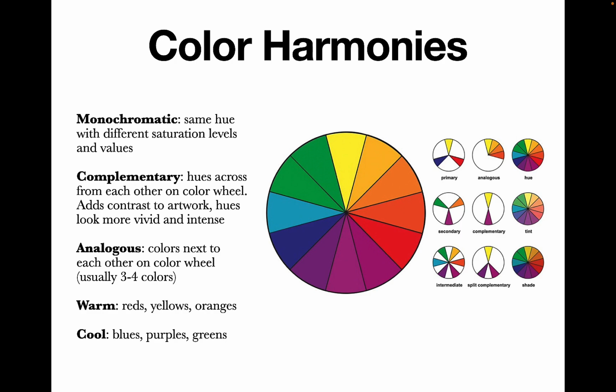Then analogous colors are colors next to each other on the color wheel, usually about 3 or 4. That's often used for interior design. I see analogous colors a lot. Then we have warm and cool. Warms are all reds, yellows, and oranges, and the cool side of the color wheel is the blues, purples, and greens. So you can kind of cut the color wheel in half and see it that way.